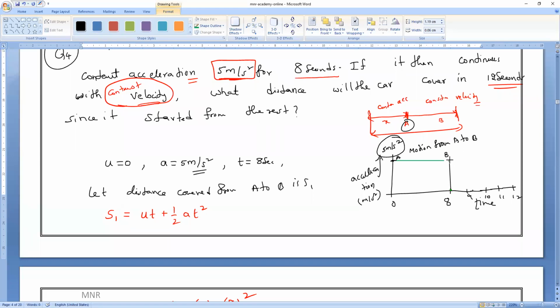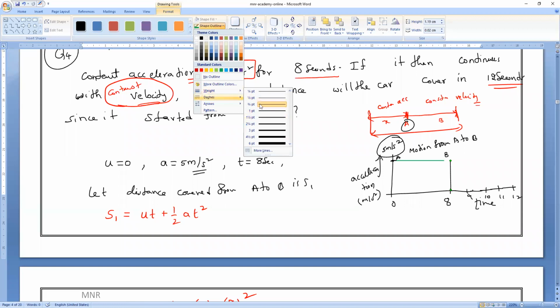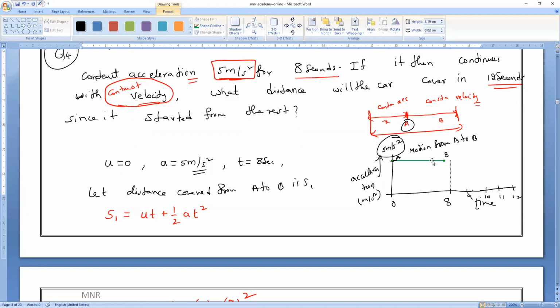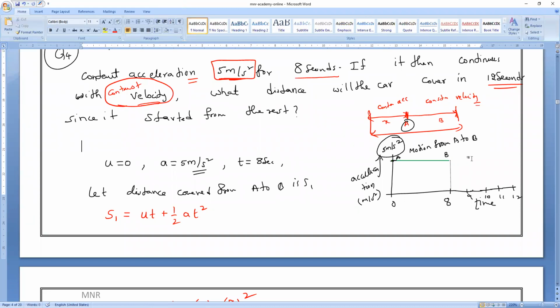Clear? So by the time of 8 seconds, it has covered 160 meters.